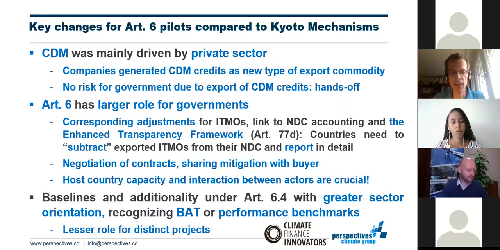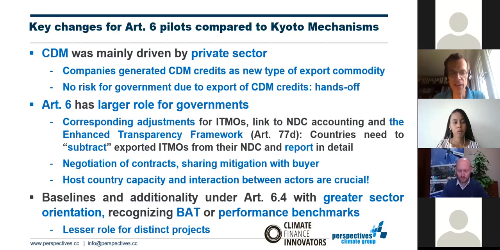And in contrast to the initial expectations, where people thought, oh, there would be foreign direct investment in developing countries, and this would then lead to the generation of credits, it essentially came out as developing country entrepreneurs being really forward-looking and generating CDM credits as a new type of export credit. So like you export coffee, now you export CERs.